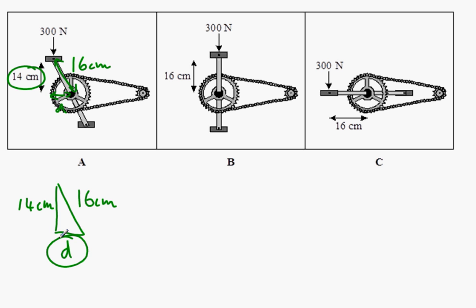You might want to check that now and calculate what you think D is, that you would then put into 300 newtons times D to get your moment. I think I did it a minute ago and it was 7.7 centimeters the perpendicular distance, but check that.